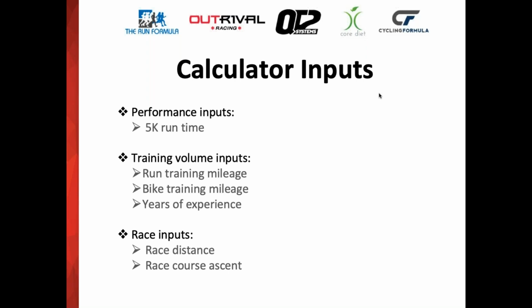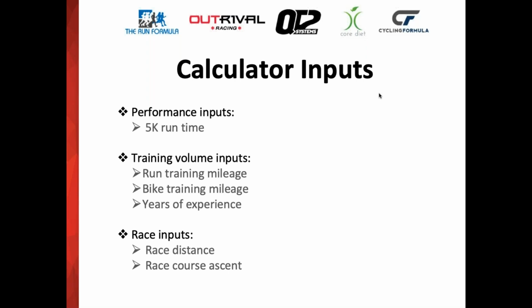Basically, what are those inputs or factors? We'll talk through a little of each, but basically a 5K run time, which we'll talk in more detail, but essentially that is indicative of what your training paces have been for this particular race. Training volumes are big.